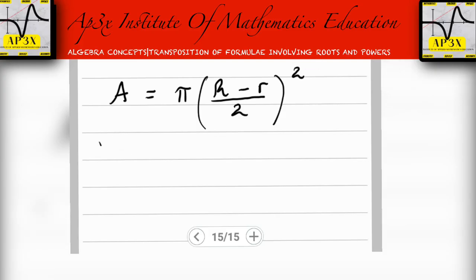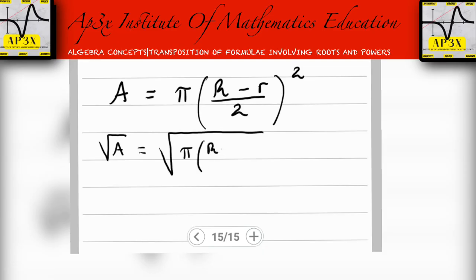So I'm going to square root the A, and I'm also going to square root everything on the right side. So that's pi, open bracket, big R minus small r over 2, squared.